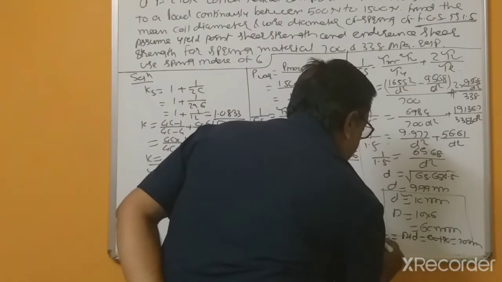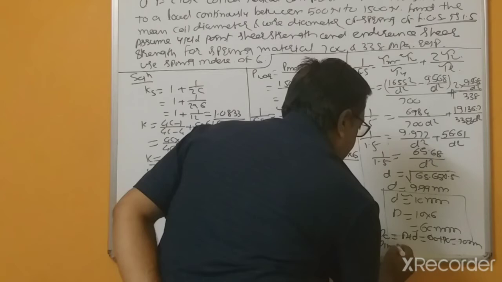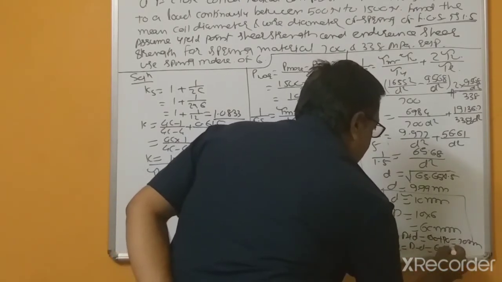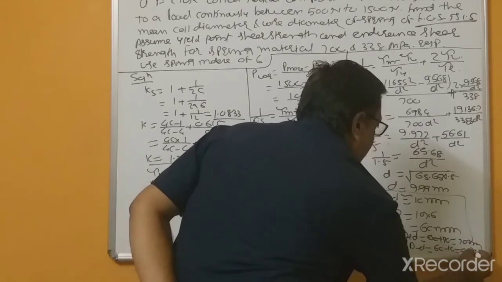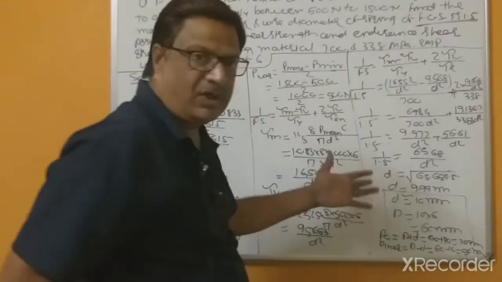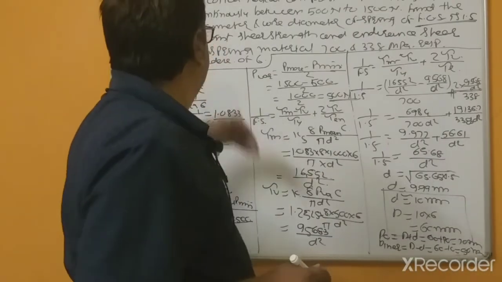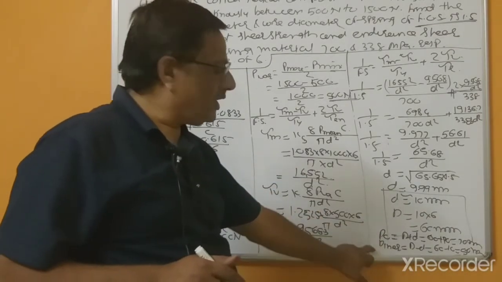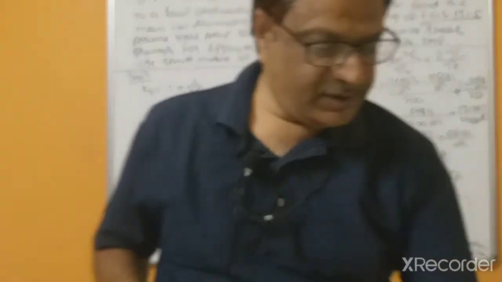So this is the outer diameter and this is the inner diameter, D minus d, 60 minus 10, equal to 50 mm, because the mean diameter is not mentioned. That's why I calculated the outer diameter and inner diameter.